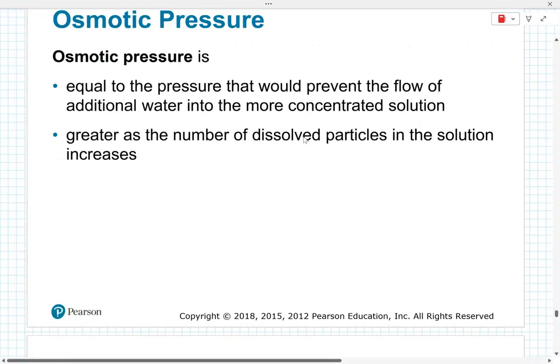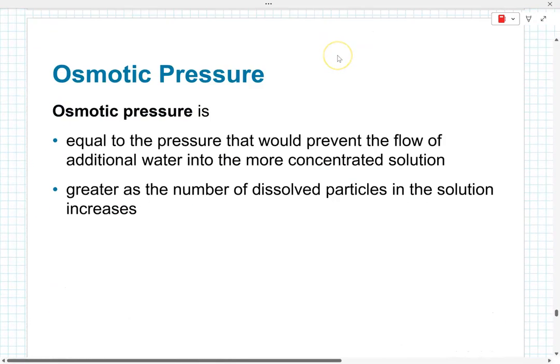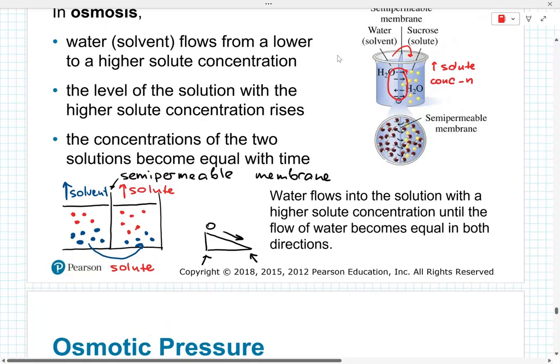Now, osmotic pressure. Let's talk about the previous image, that illustration that I drew here. So in this example, water moves from left to right.